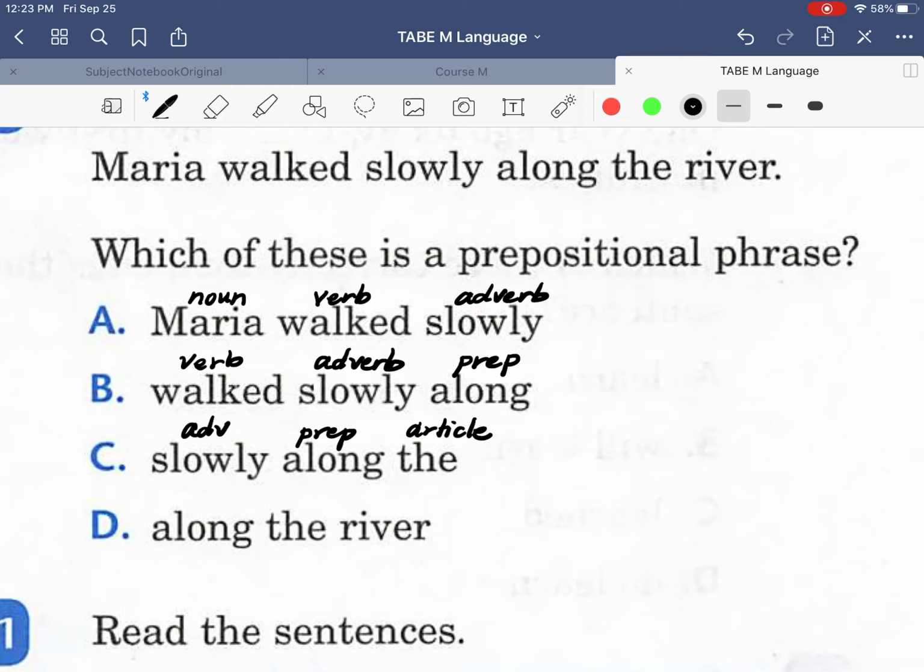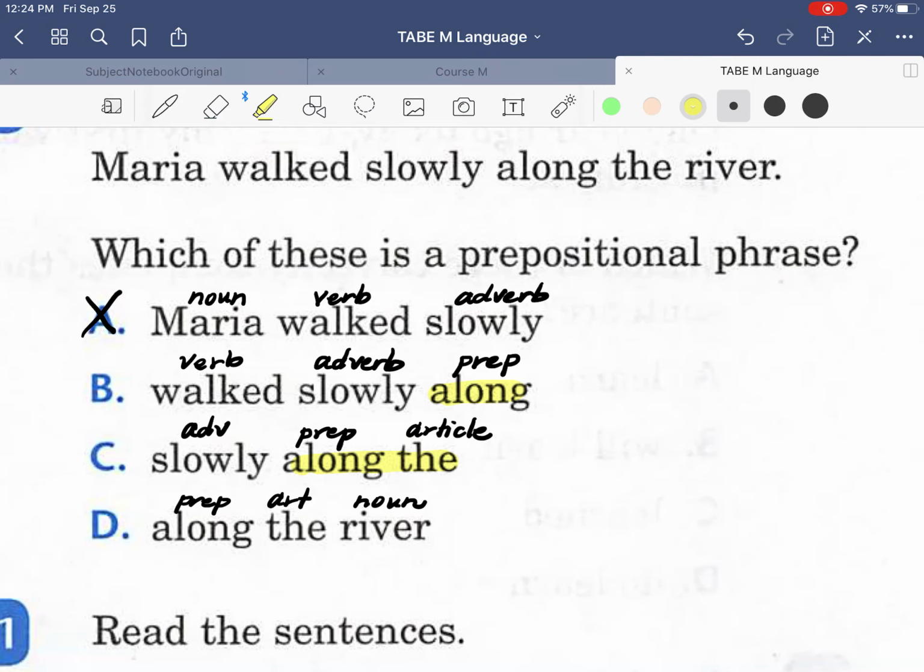So we know it's not A because it has no preposition at all. This one has a preposition. This one has a preposition and an article. This one has a preposition, an article, and a noun.